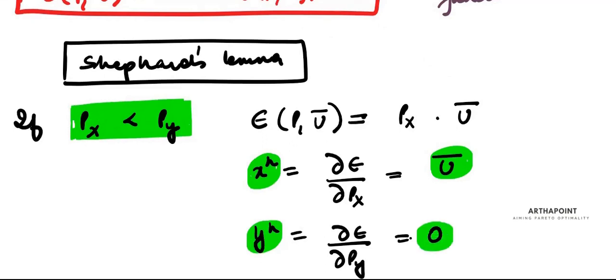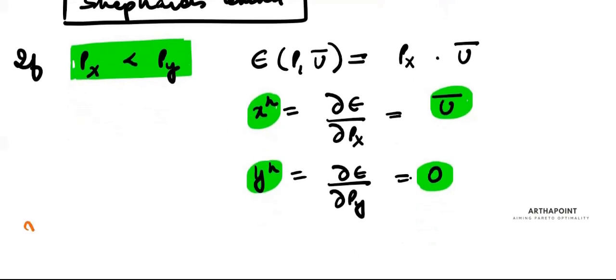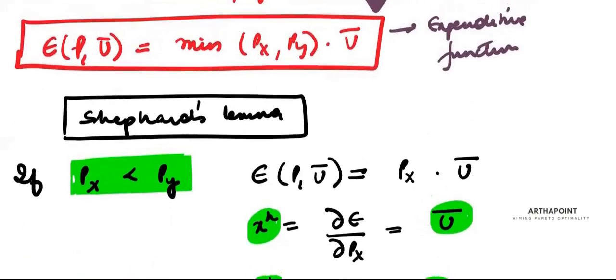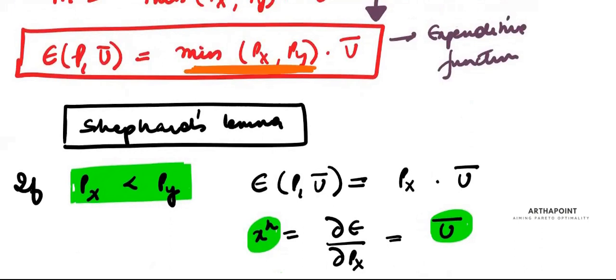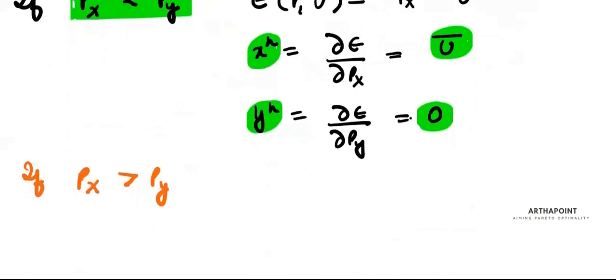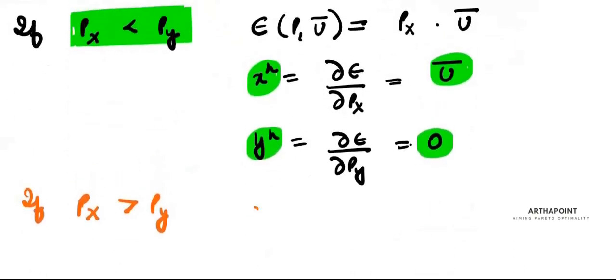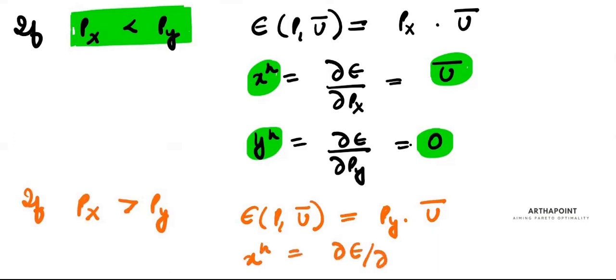Take the other case now. If Px is greater than Py, then min of Px and Py will be Py. So your expenditure function will be Py into U bar. In this case, again, your Xh will be how expenditure changes when Px changes, which will be 0.